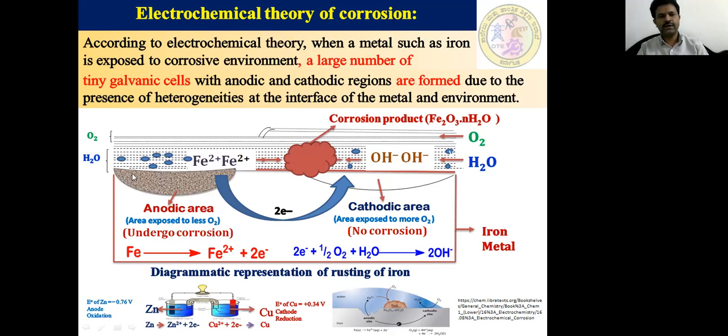You can see here iron starts losing electrons and gets converted into Fe2 plus ion. That means dissolution, here destruction. But the iron metal is not disturbed at the cathode. That electron is reacting with only the surrounding constituents, not the metal. So the cathodic region of the metal is safe. It will not undergo corrosion, but the anodic region of the metal will start destruction or corrosion.